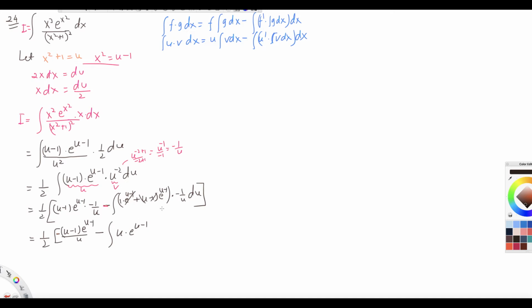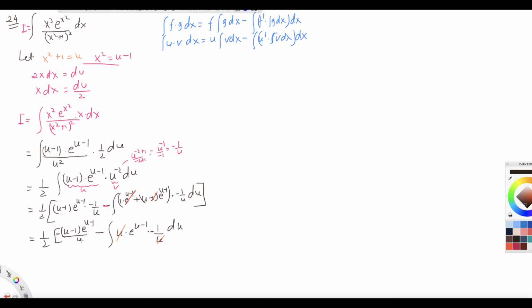Times 1 over u, and as you cancel, remember that when you distribute this to u and negative 1, the 1 will cancel out. Now you cancel this with that one, but there is a negative sign, and then there is du outside.